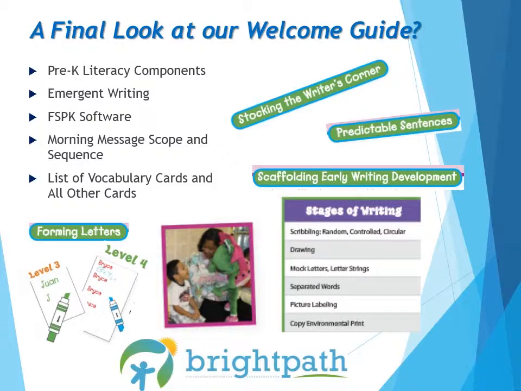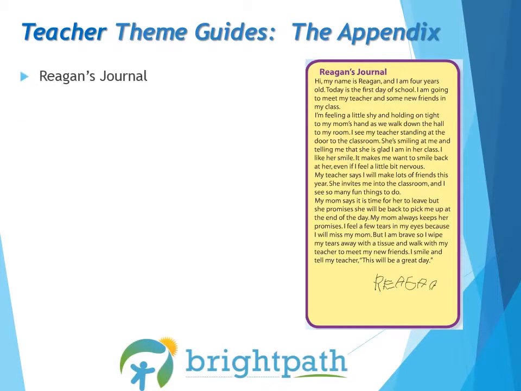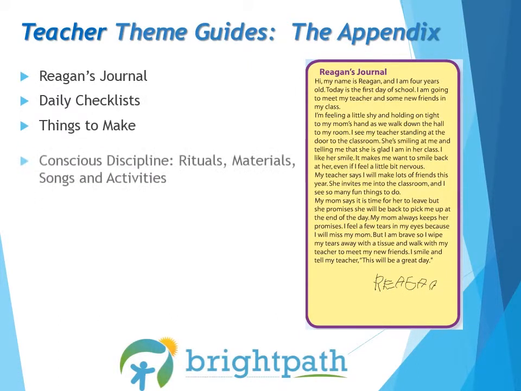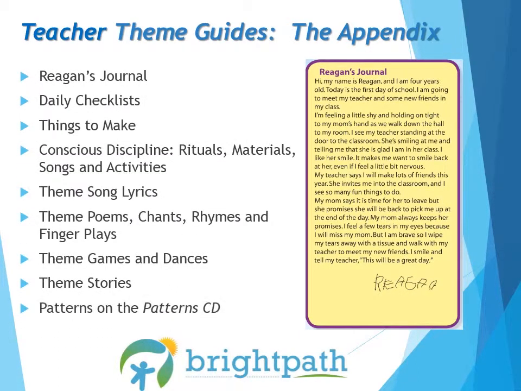And finally, an entire list of all the vocabulary cards, sequence cards, photo activity cards, and all the other cards included in the Frog Street package are included at the end of the book. Don't forget that the appendix at the back of each theme guide is a huge resource for you to refer to when needed.